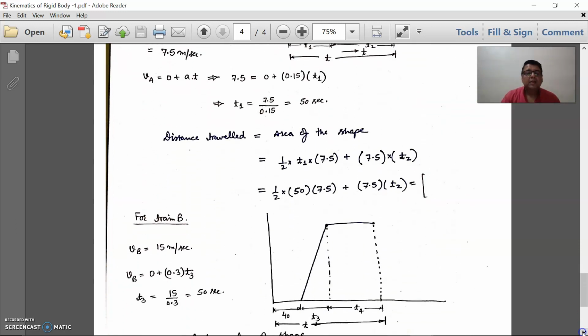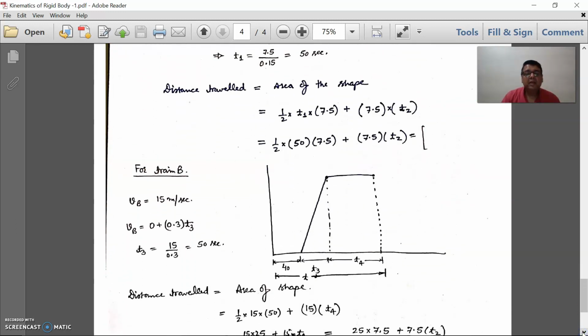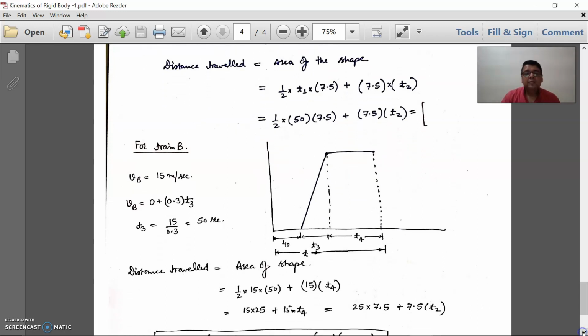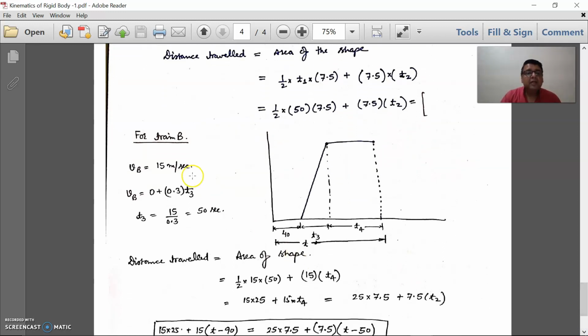Now I'll repeat the same calculation for train B. It is very clear that it started 40 seconds later, so I started my graph after 40 seconds. It had the acceleration of 0.3 and reaches 15 meter per second. Of course the value was given in kilometer per hour, but it was converted into meter per second.